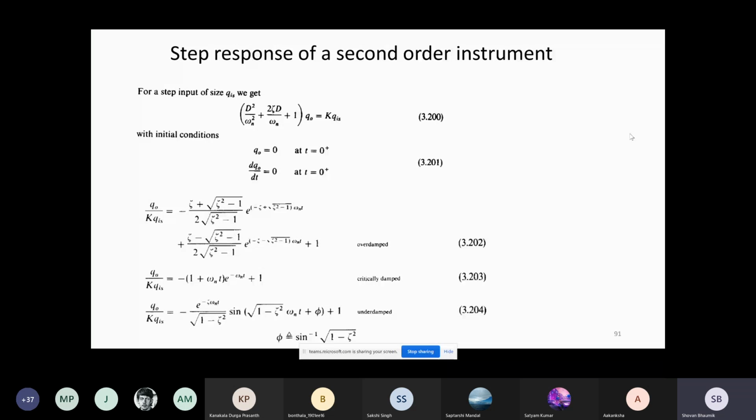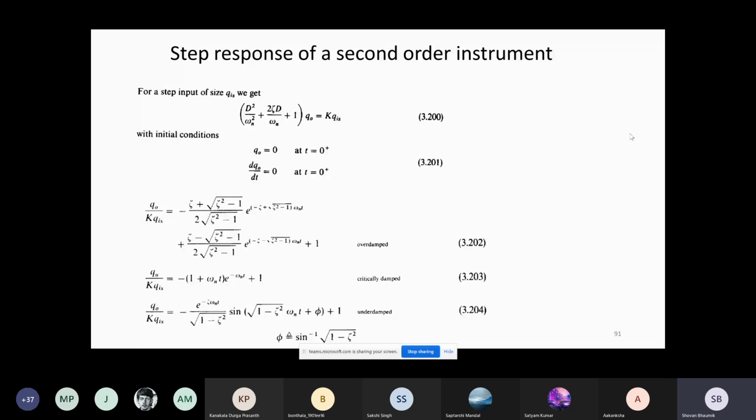For that reason, for different zeta we get a different solution. So we need to think about zeta before getting the solution. Zeta could be less than 1, greater than 1, or equal to 1, and obviously zeta could also be equal to 0 when there is no damping.